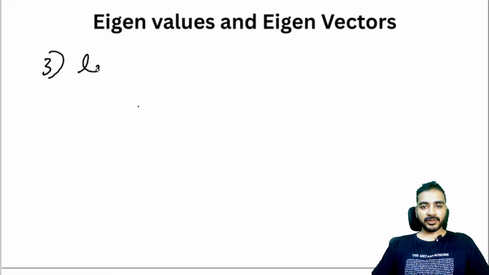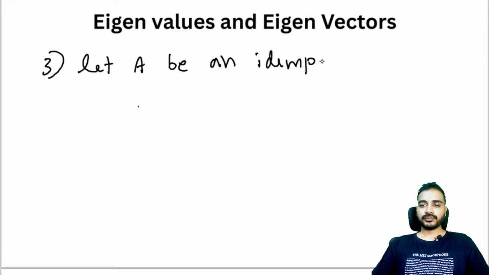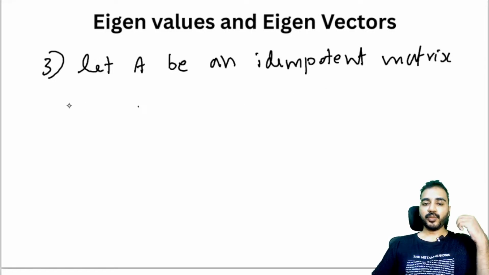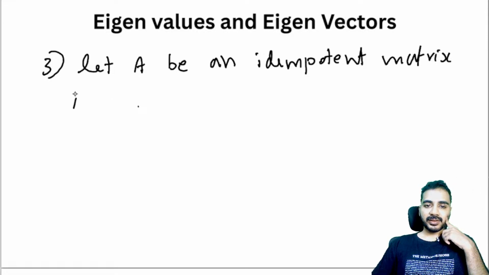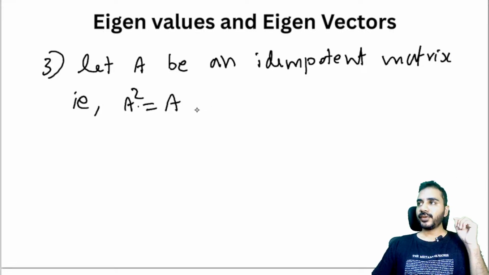Now the third property is, let A be an idempotent matrix, that is A square equal to A. If this is true, then the eigenvalues lambda are equal to 0 or 1.